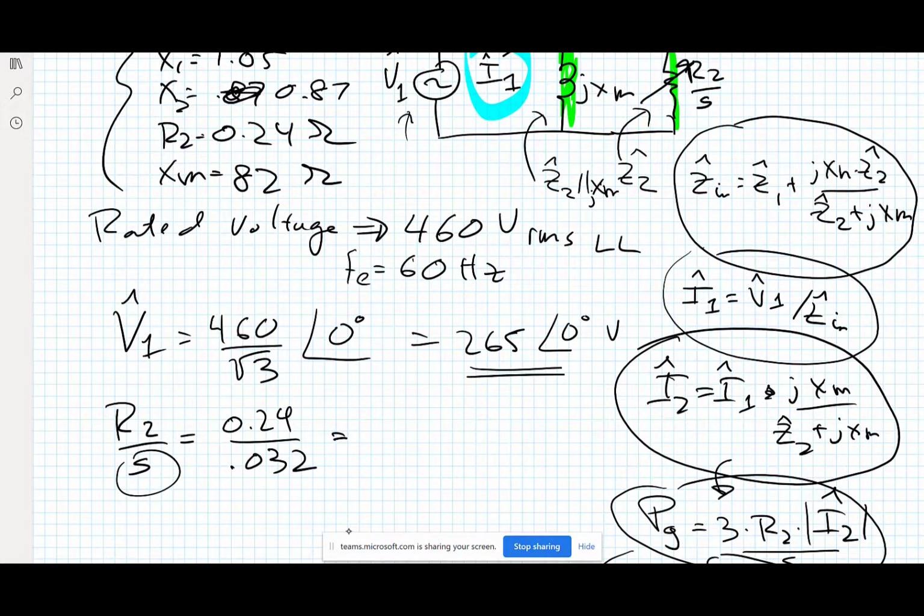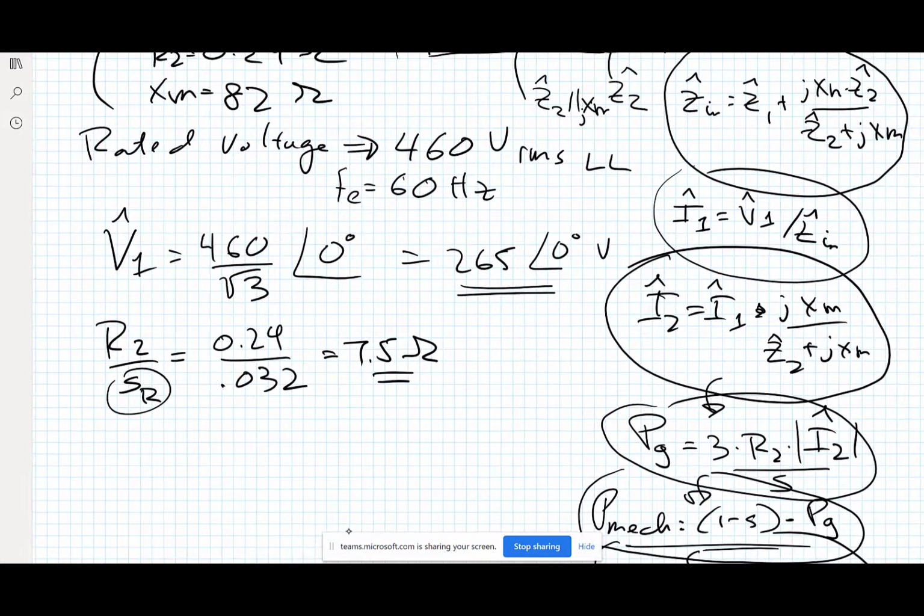So if I take 0.24 divided by 0.032, that's 7.5 ohms. That's essentially the load resistance. This is what I called my rated slip.